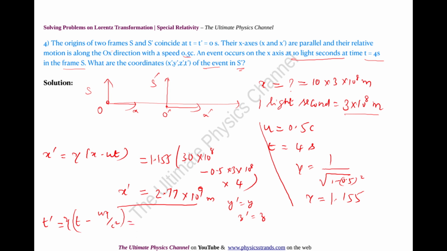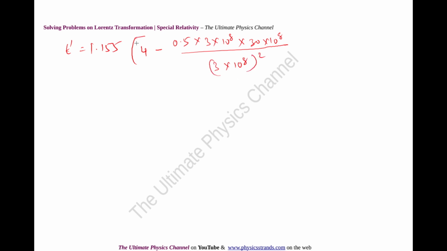We do the calculations in this case. t prime is equal to gamma times t, which is given as 4 seconds, minus ux, which is 0.5 into 3 into 10 power 8 for u, multiplied by x, given here as 30 into 10 power 8, that's 10 light seconds, over 3 into 10 power 8 whole squared, c squared.